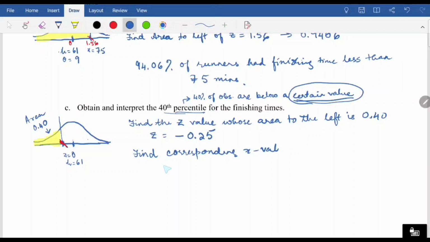All right, so the formula is, you can either solve for x in the equation z equals x minus mu over sigma, plug in the value of mu, the mean, plug in the value of the standard deviation, plug in the value of the z score you just found and solve for x. Or you can just first solve for x.